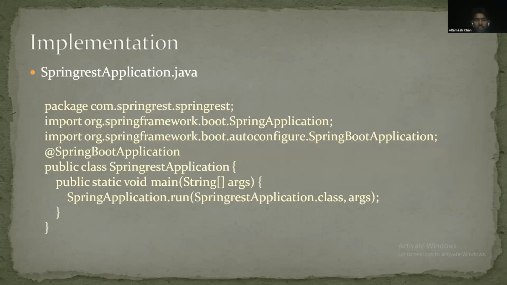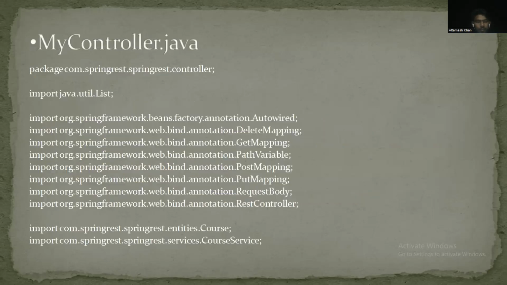Here is the implementation. This is the main file, through which the application run starts. After this, we go to the controller part, and these are the import files that we have used in our file.